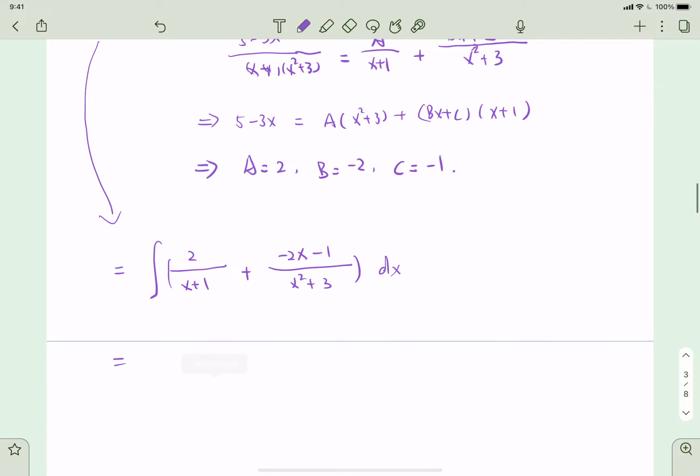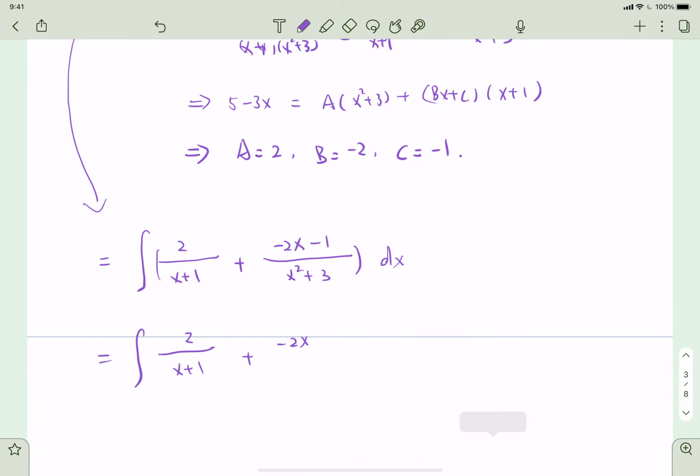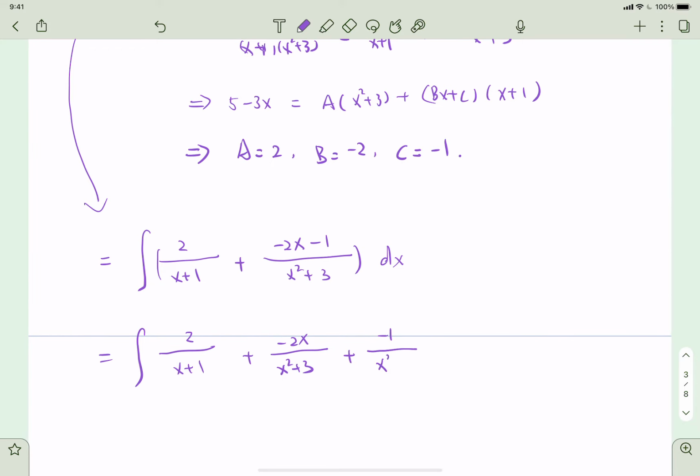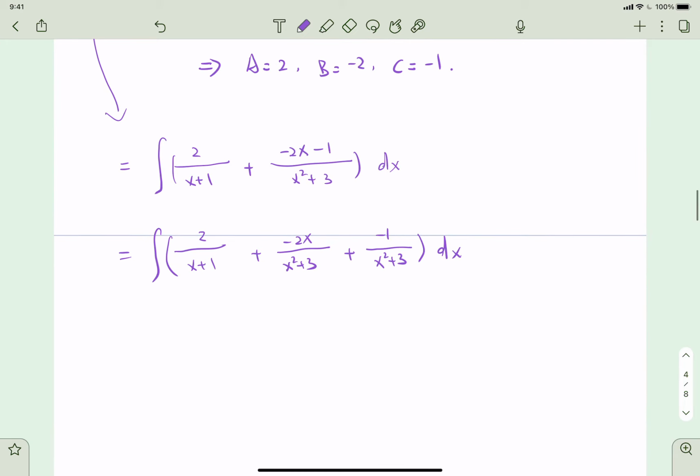And we're going to split them. So this becomes negative 2x over x squared plus 3, and plus negative 1 over x squared plus 3, dx. Okay. Now we do the integration for the first term, that is obviously 2 times ln of x plus 1, right?